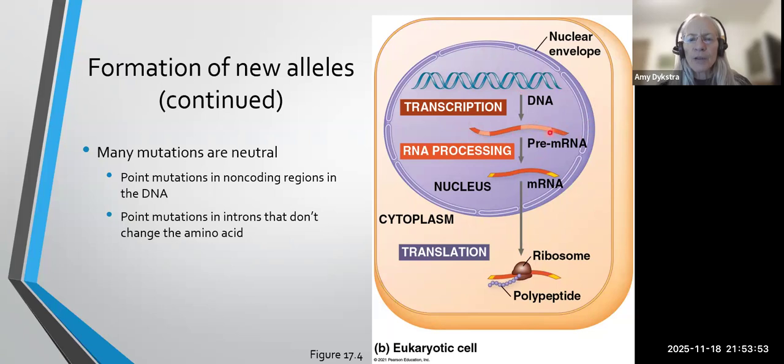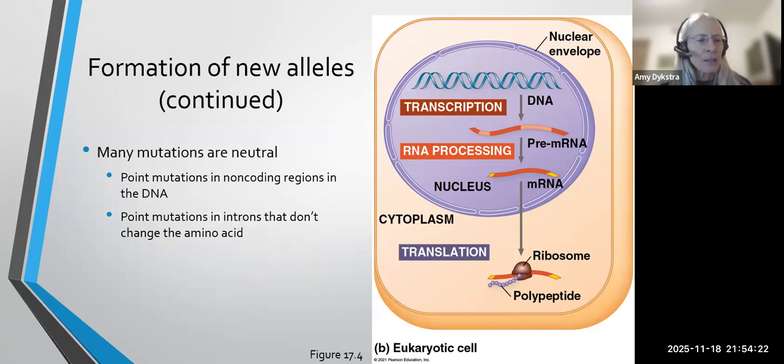Parts of that transcript, the introns, get snipped out. And so if a mutation happens in the DNA that codes for an intron, then that's likely going to be neutral. It's not going to cause an effect on this processed mRNA, and it's not going to cause effect on the protein. Or a point mutation, I should have said, in an exon that doesn't change the amino acid.